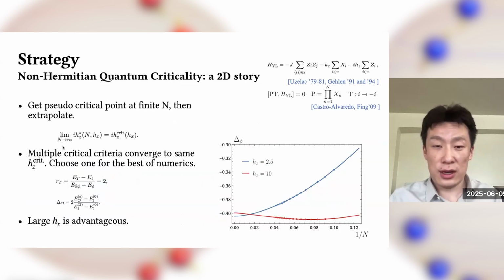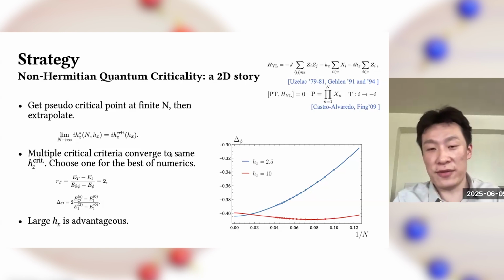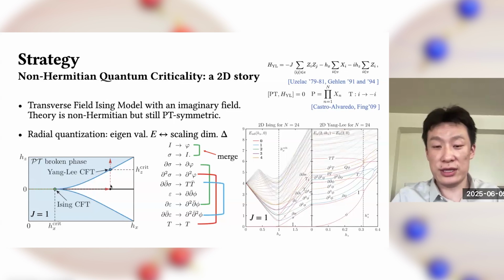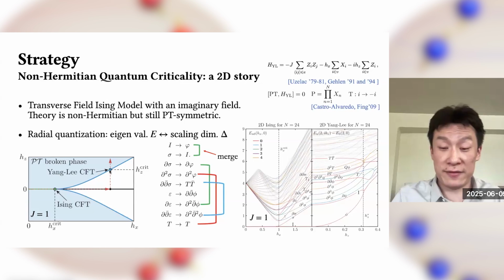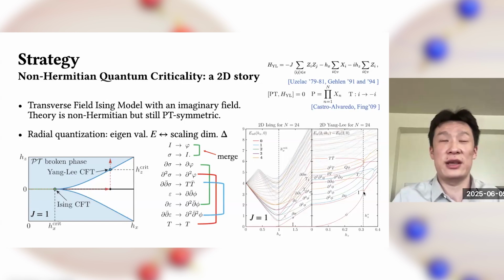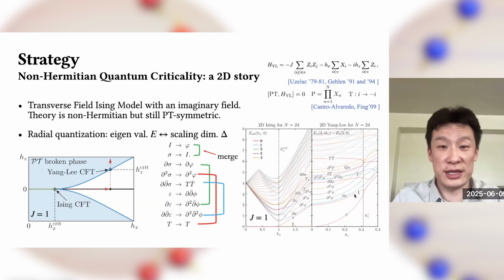Then we need to also discuss how we find the critical point. We know that as we dial the imaginary magnetic field, we will see the mergers. But the merging points are not the best place to identify as the CFT point, because if we try to extract the scaling dimensions, we see a bunch of exact degeneracies which do not exist.